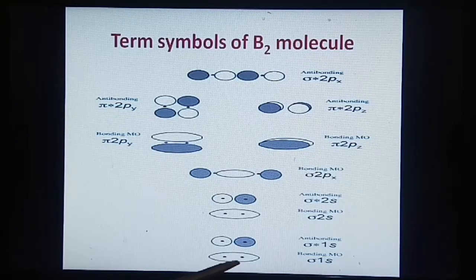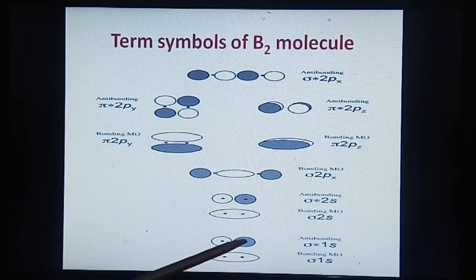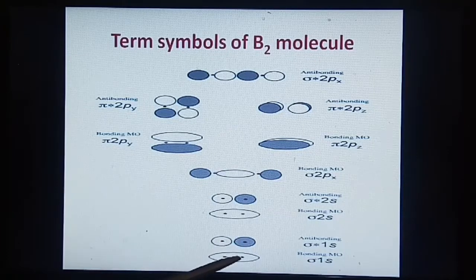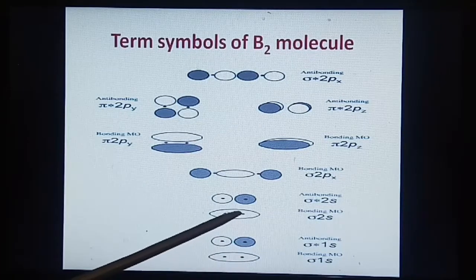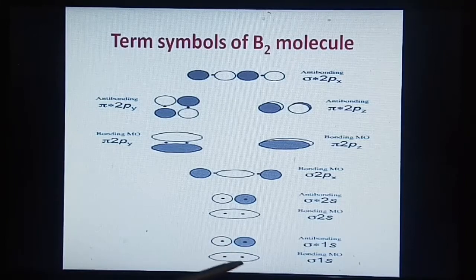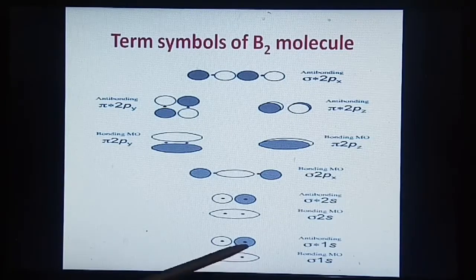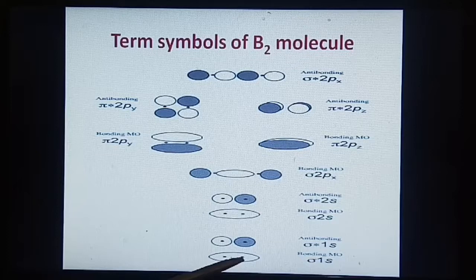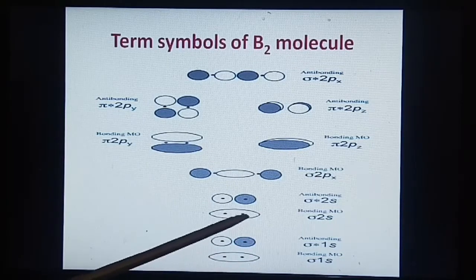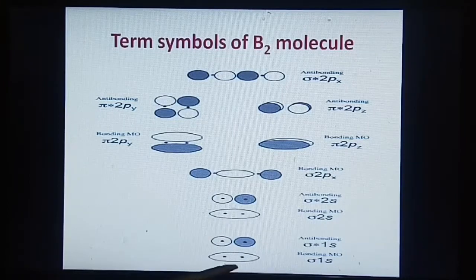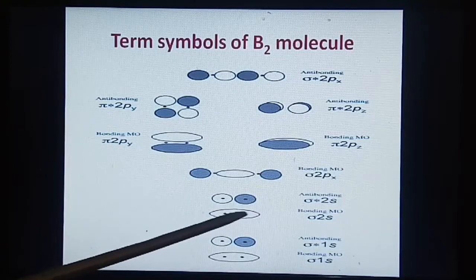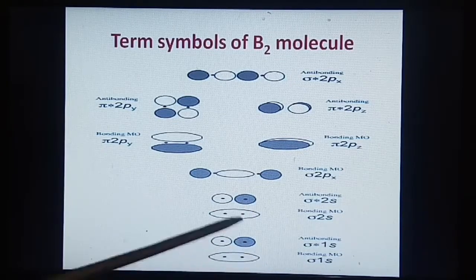In the first excited state, one electron is here and one electron is here. In the second excited state, one electron is here and one electron is here. So they are sigma non-equivalent electrons. In the second excited state too, with one electron here and one electron here, again sigma non-equivalent electrons are there. Non-equivalent means of different energy.